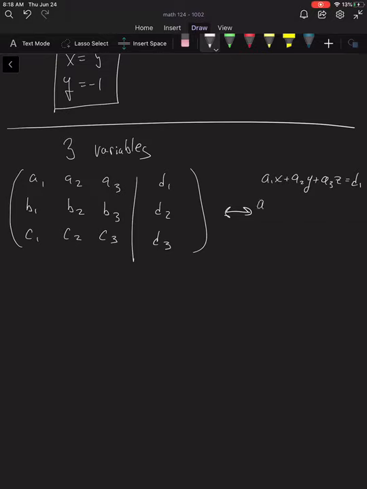We'd have A2x, or sorry, B1x plus B2y, plus B3z is equal to D2, and then C1x, C2y, C3z is equal to D3. So we'd have that system of equations.